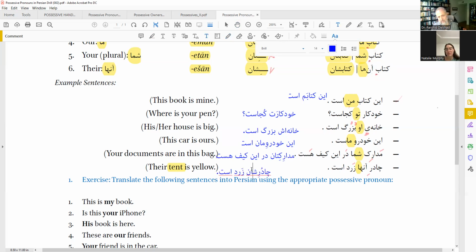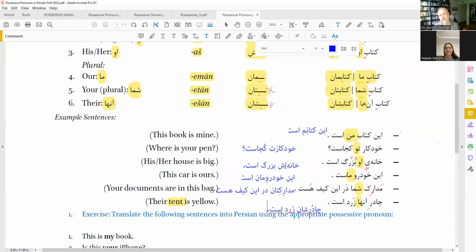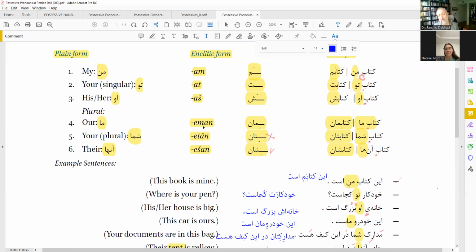Right. And that will then be the enclitic form. It's in fact all you have to know. That means you have من, تو, او, ما, شما, آنها becomes am, at, ash, eman, etan, eshan.